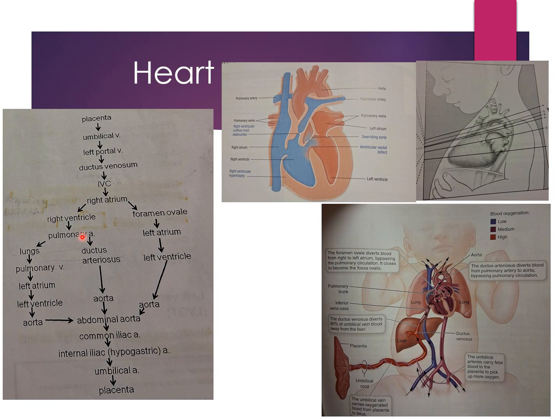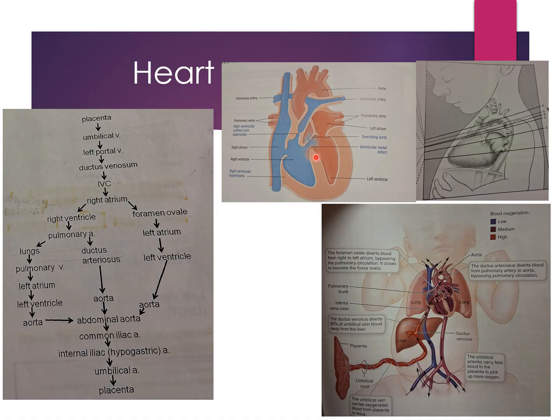So about 50 to 60% is going to go through this foramen ovale. The rest of it, about 40%, is going to go through the right ventricle and take this route here. So 60% is going to take this route. The other remaining percent is going to take this route here.